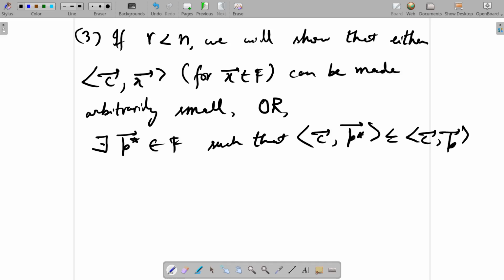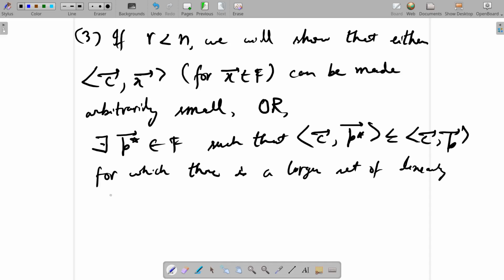And remember, I'm not claiming that P star is a vertex, but it is something better than P. It is actually one dimension lower in terms of satisfying these hyperplane equalities, such that it has a better cost than P, and for which there is a larger set of linearly independent constraints tight at P star.